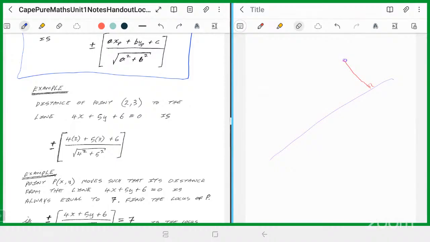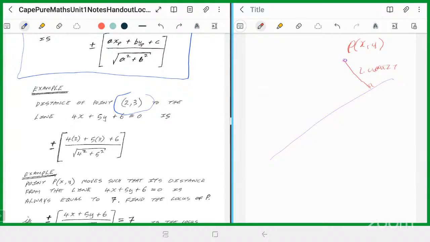But for the purpose of calculating on a locus point that you don't know, so if you don't know exactly where this point is, and let's say they tell you that the distance from a point P(x, y) to this line is 2 units.